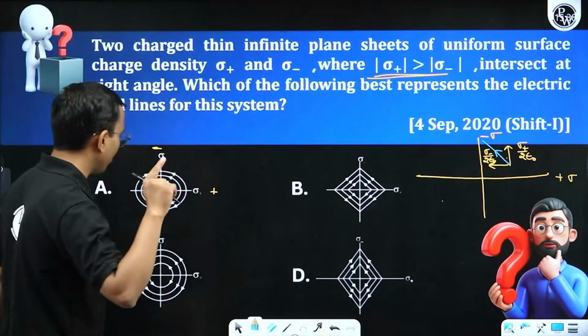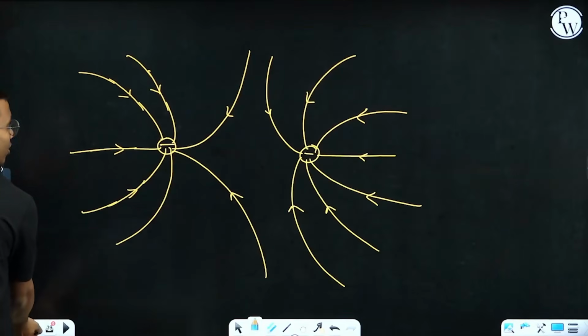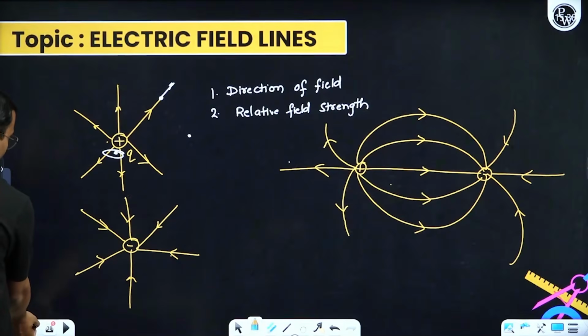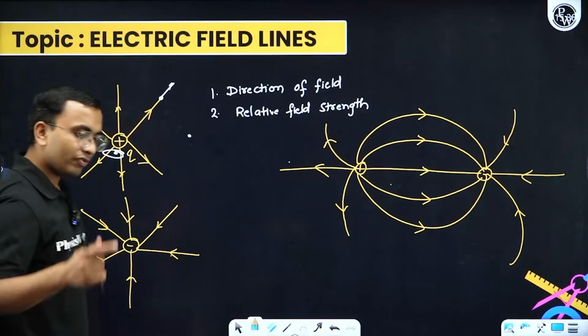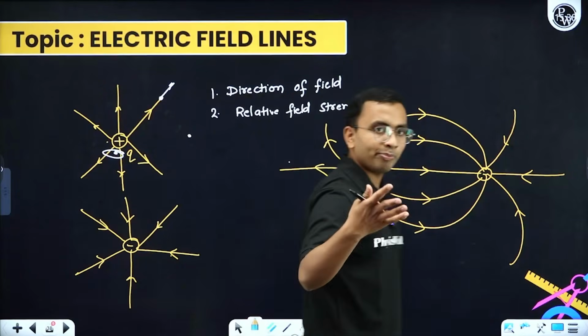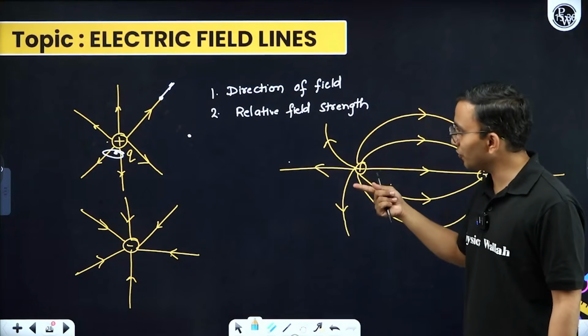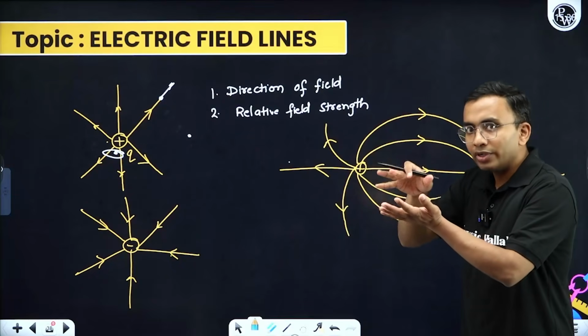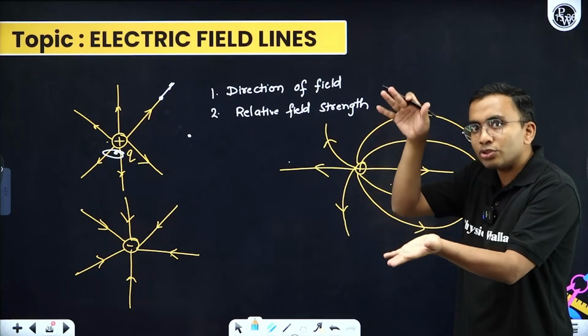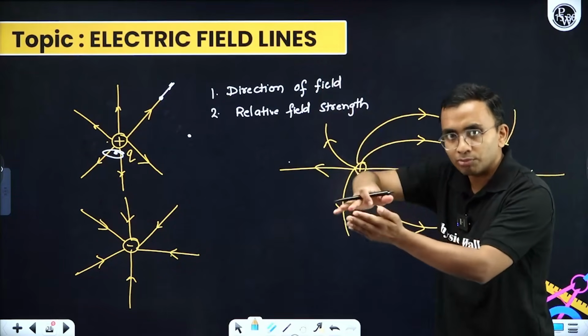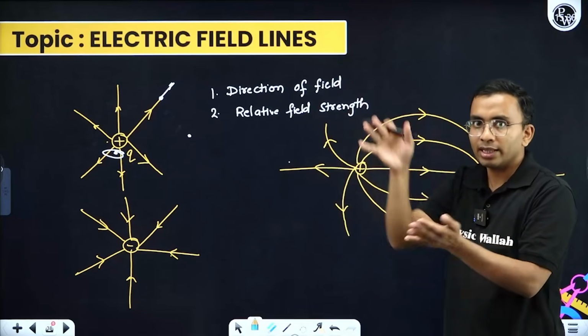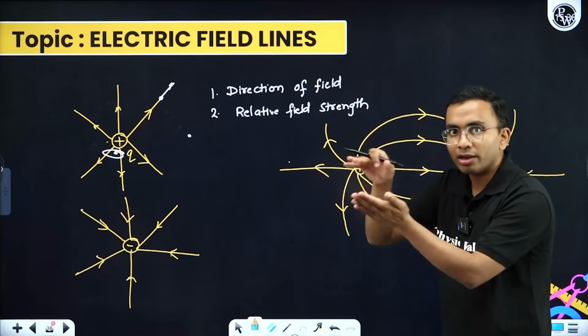One thing I forgot to tell you here: field lines. If the electric field is uniform, then the field lines should neither go away nor come towards, because the intensity distribution is the same, so they should be parallel.